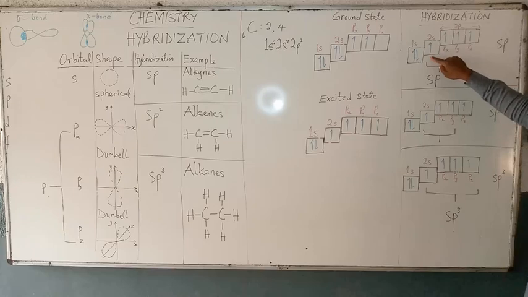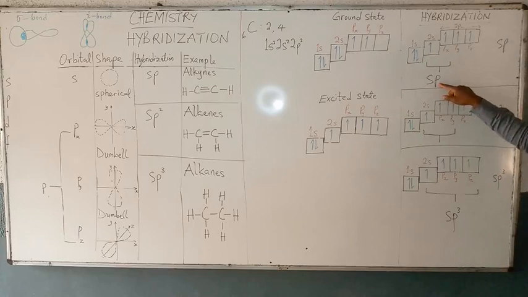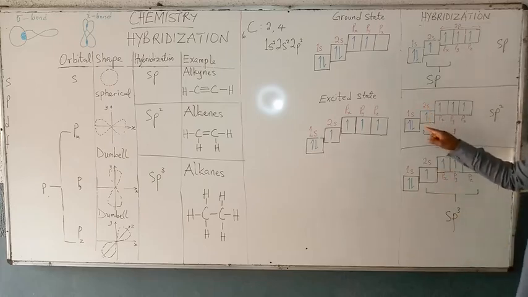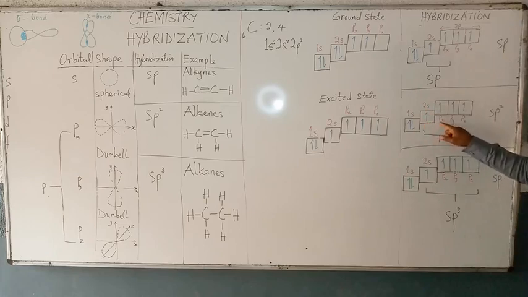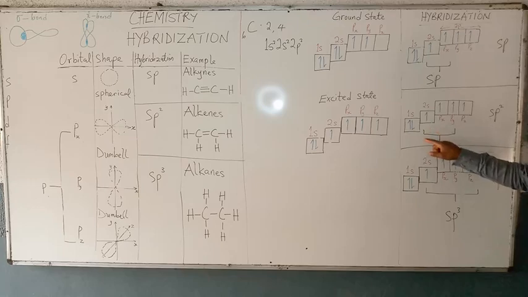One s orbital is mixing with one px orbital to give us what we call sp hybridization. Do you understand? What if one 2s orbital here mixes with 2p orbitals? What kind of hybridization are we going to obtain? We obtain sp2 hybridization.